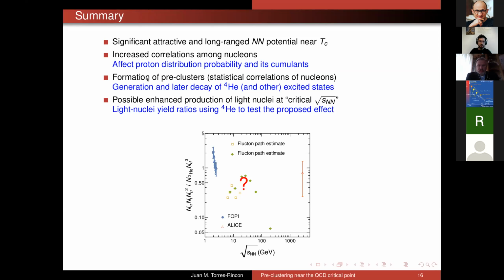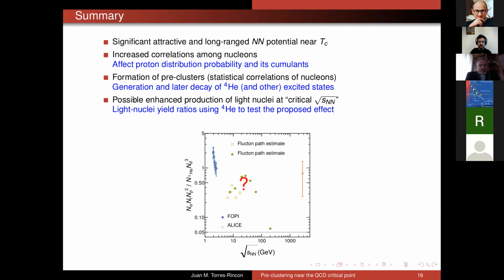This can also lead to the formation of preclusters or statistical classical correlations of nucleons, which will populate excited states of light nuclei, for example helium-4, which will later, at the end of the day, decay to the ground states or other kinds of decay products.